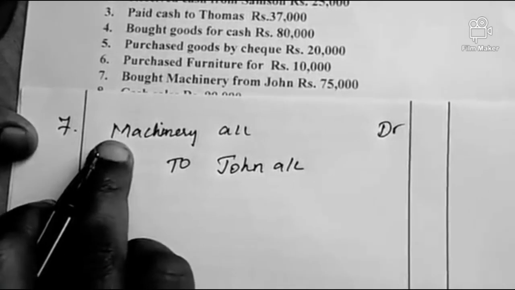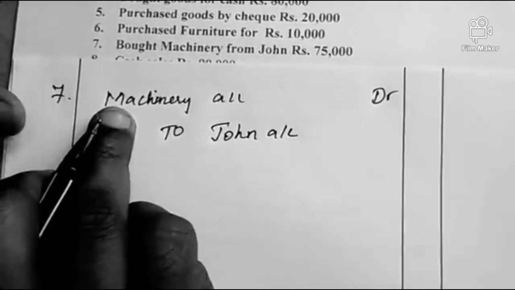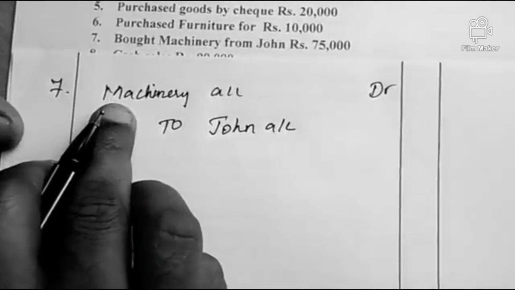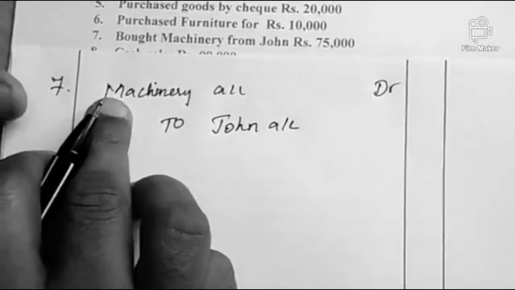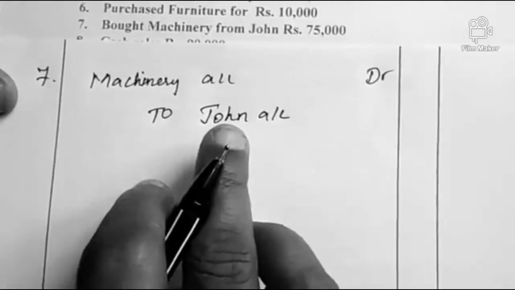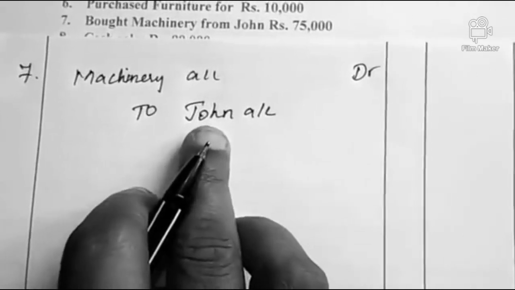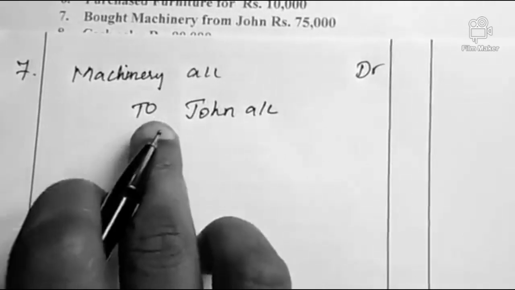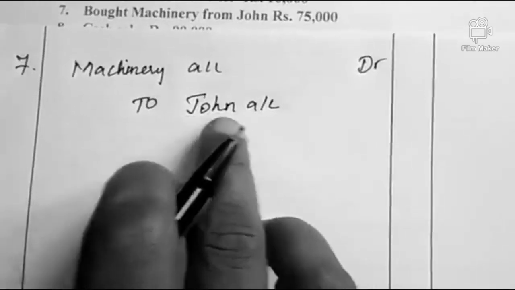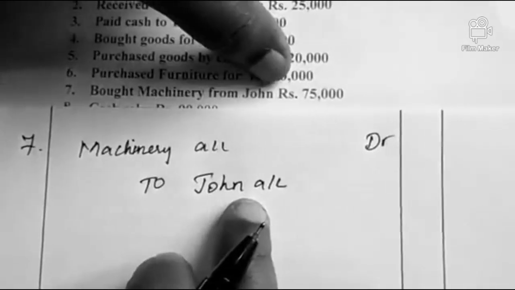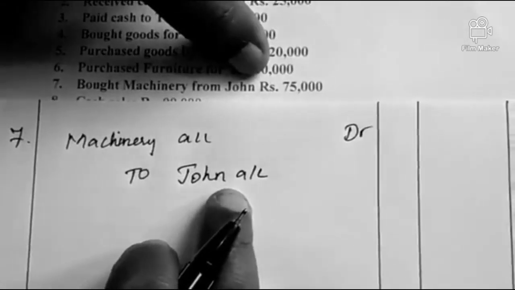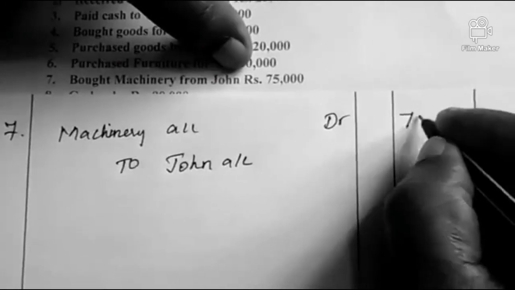The real account rule is debit what comes in. Personal account rule is debit the receiver, credit the giver. Credit the giver because you have bought machinery from John. Amount 75,000.